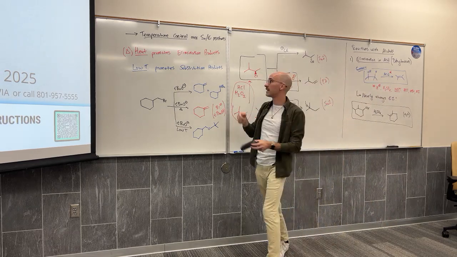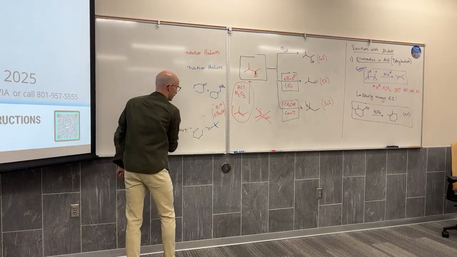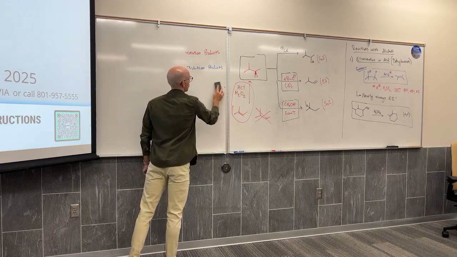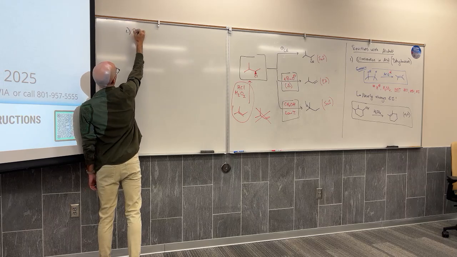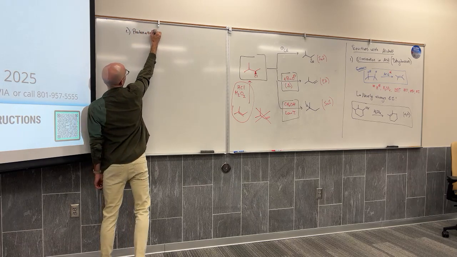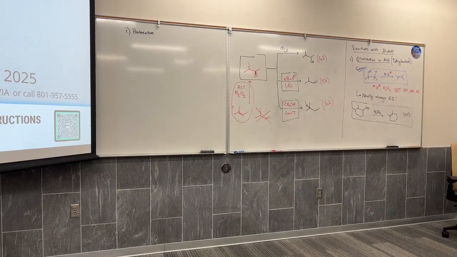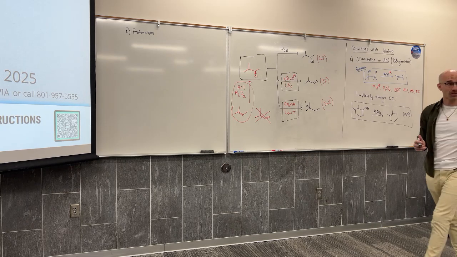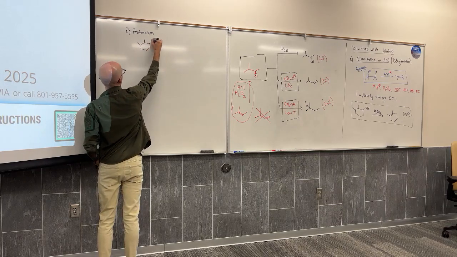Now, the mechanism is not something that I will ask you to show me on an exam, but it is not because it is more challenging. In fact, what I'm going to give you are just the steps. In acidic conditions, the first thing that always happens is protonation. The acid protonates something. What would be the base in this reaction? The alcohol. So the first step is to get an alcohol protonated.